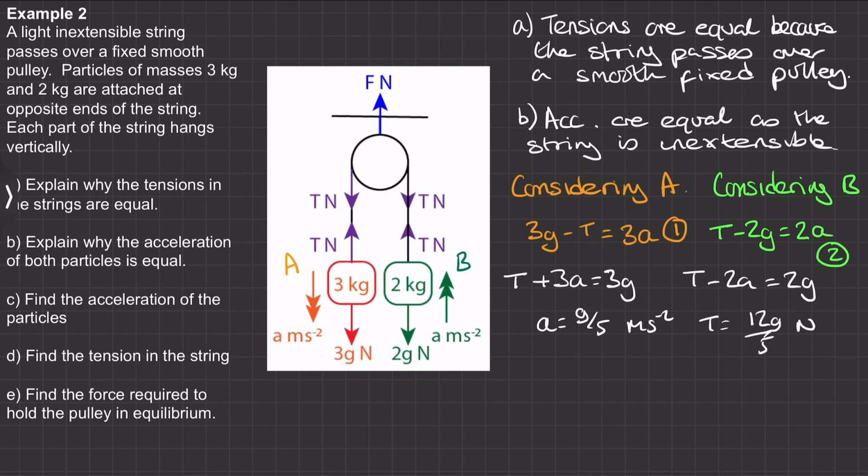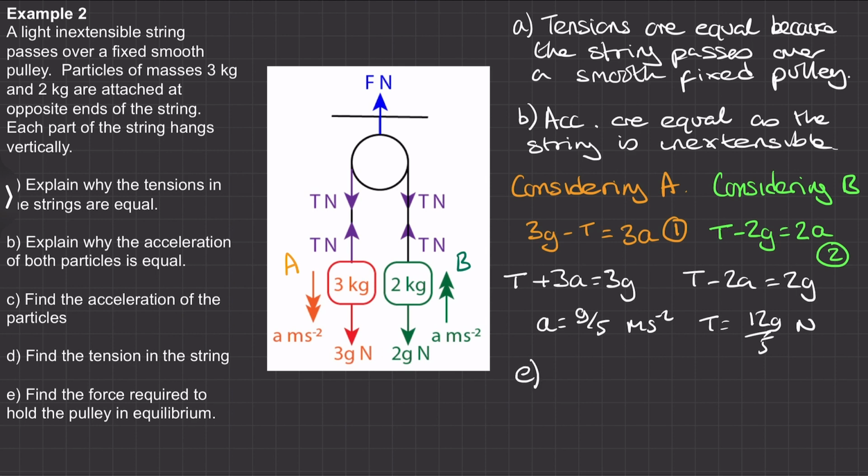So finally, for part D, find the force required to hold the pulley in equilibrium. So this means that the upward force is preventing this pulley from moving. So the acceleration of the pulley will be 0.